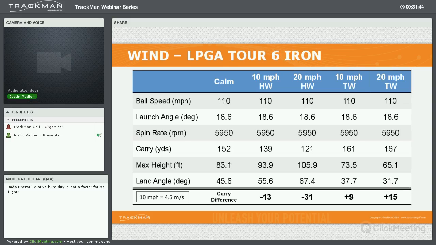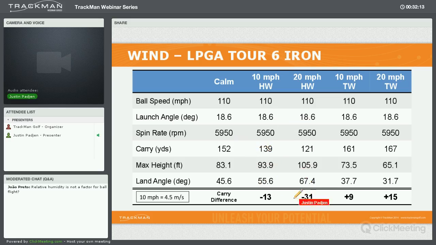We just looked at an LPGA Tour example, so I wanted to show you a shot at a different speed, just so you can see that it's not just because it's a high-speed player, somebody that hits it a long way. It also affects somebody that hits it a little bit shorter. Same thing here. We've got the same shot, normal carry with the 6-iron, 152 under calm conditions, coming down at 46 degrees into that 10-mile-an-hour headwind.